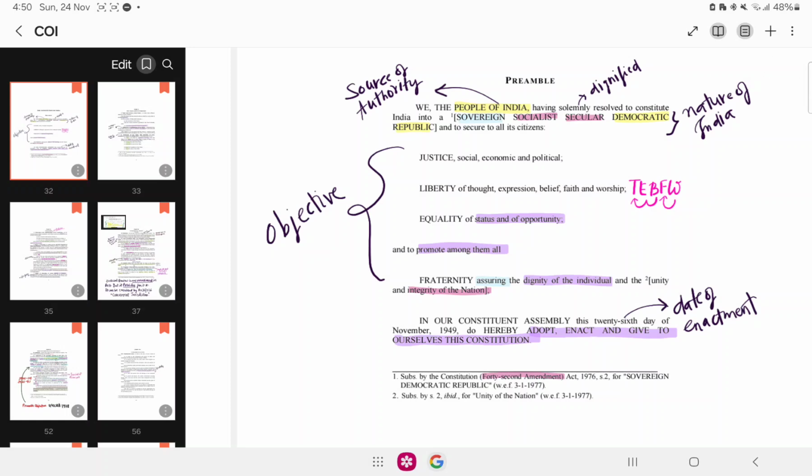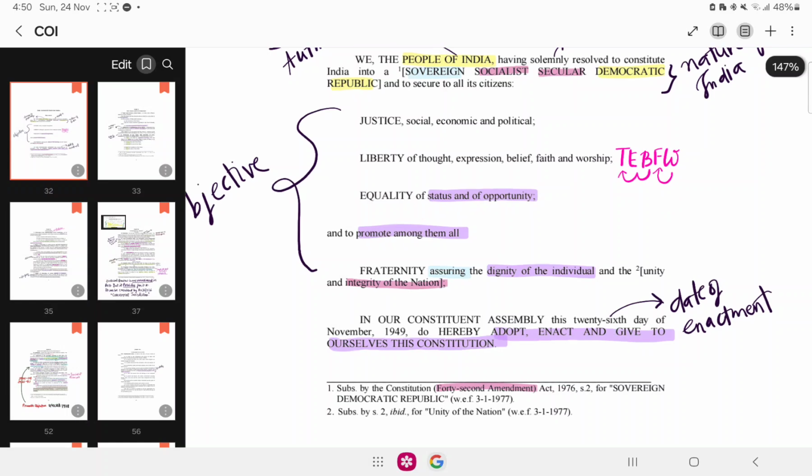We, the people of India, have solemnly resolved to constitute India as a sovereign, socialist, secular, democratic republic to secure all its citizens justice, social, economic, political; liberty of thought, expression, belief, faith, worship; equality of status and opportunity; and to promote among them all fraternity, assuring the dignity of the individual and the unity and integrity of the nation.